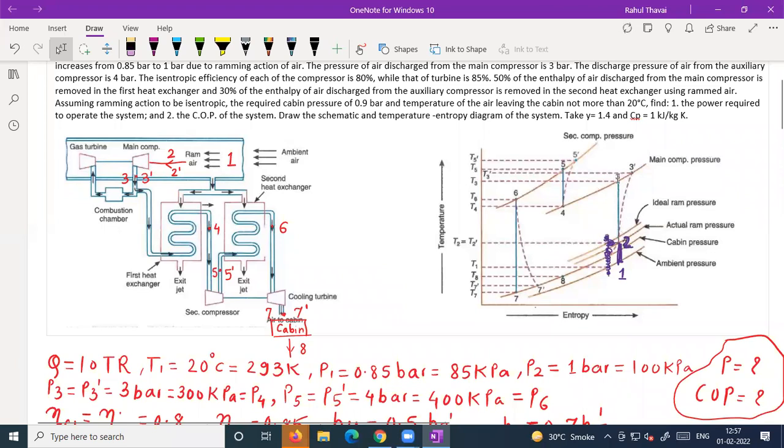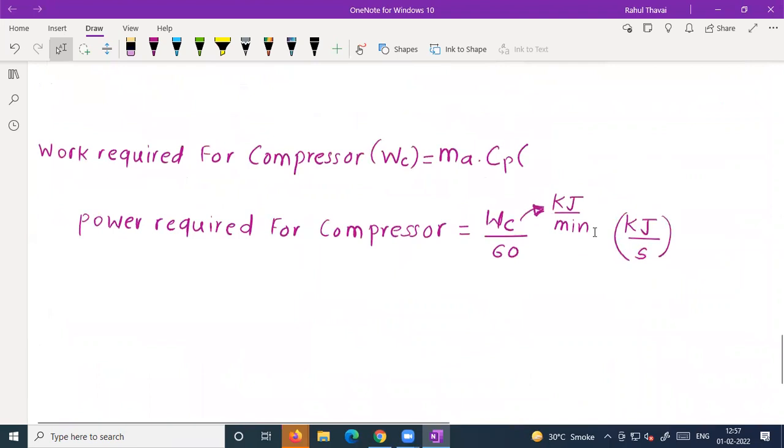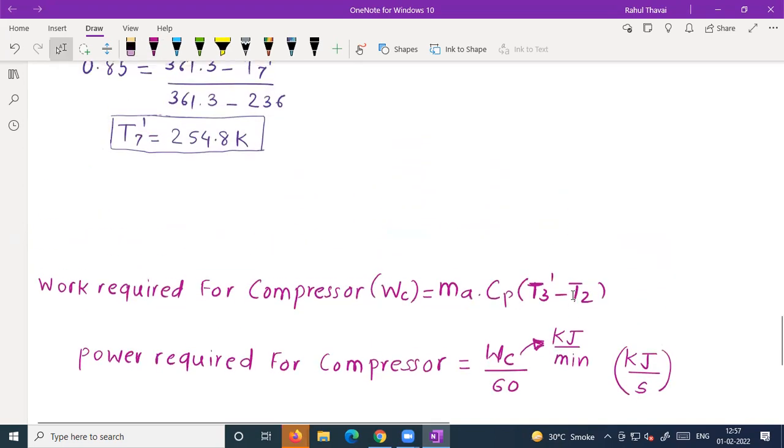Ideally it should be T3, but in actual it is T3 dash. So I will take the temperature difference as T3 dash minus T2, because the actual efficiency is given, so we take final temperature minus initial temperature. In this formula, Cp, T3 dash and T2 we know, but the mass of the air is not known.